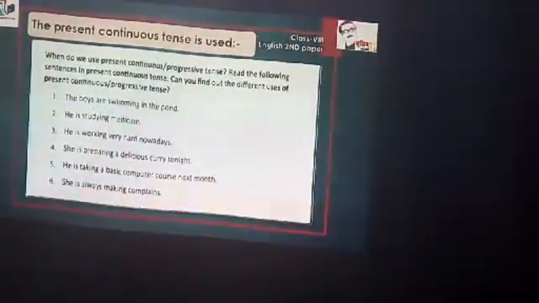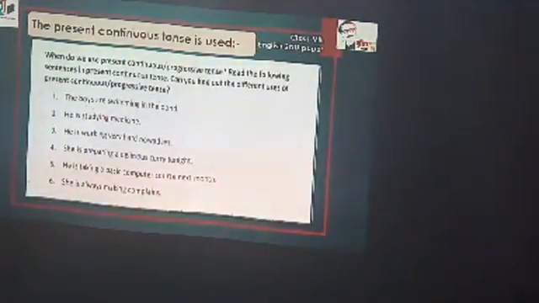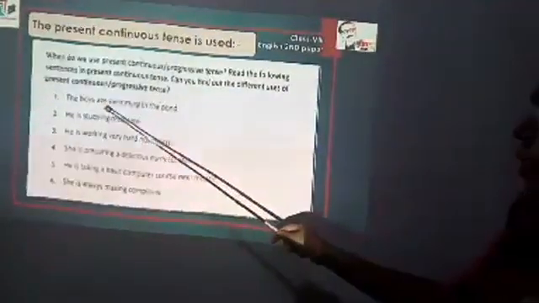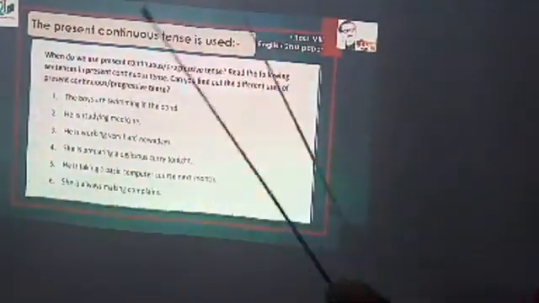When do we use present continuous, or we can say present progressive tense? We can use it, as in the boys are swimming in the pond, for an action going on at the time of speaking. At the time of speaking, the action is going on.